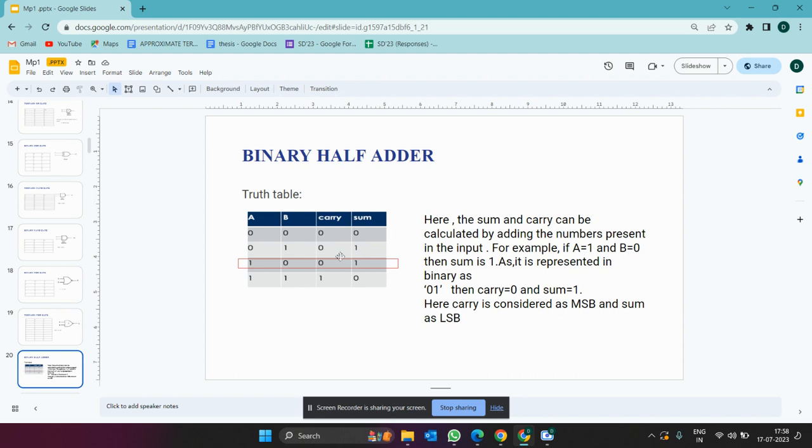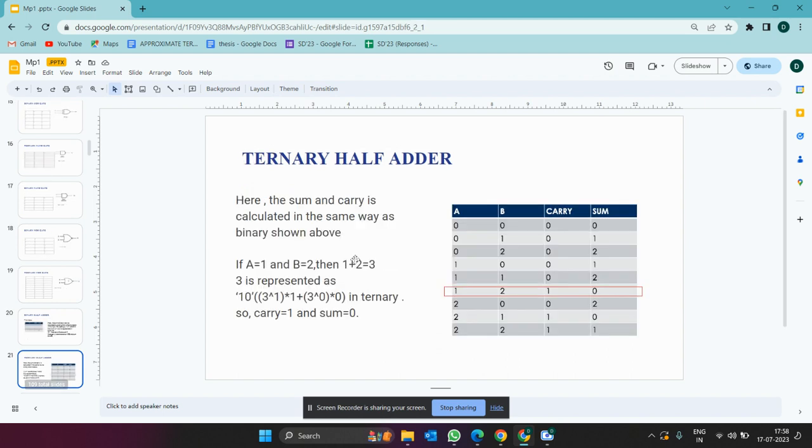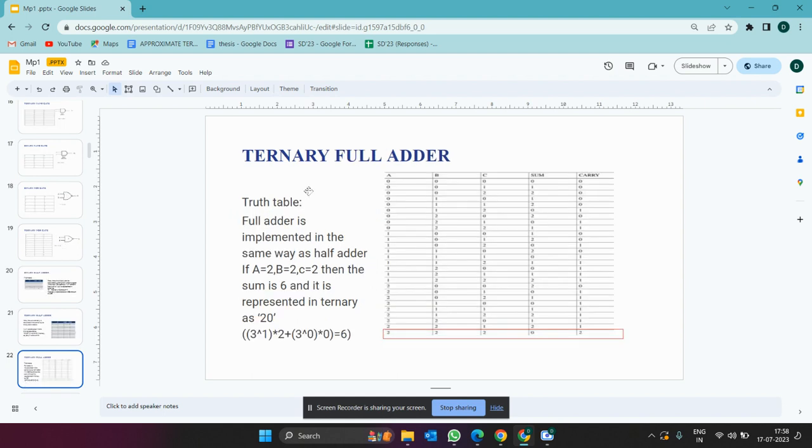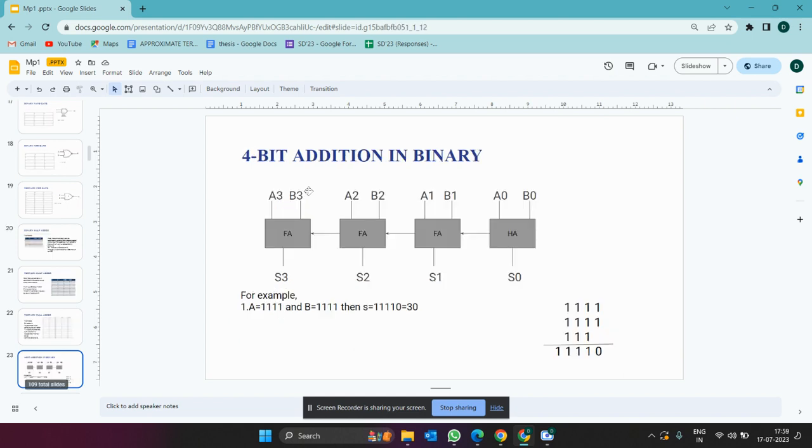But here we are considering that this is the MSB, and this is the LSB. This is the ternary half adder. This is the full adder of ternary.